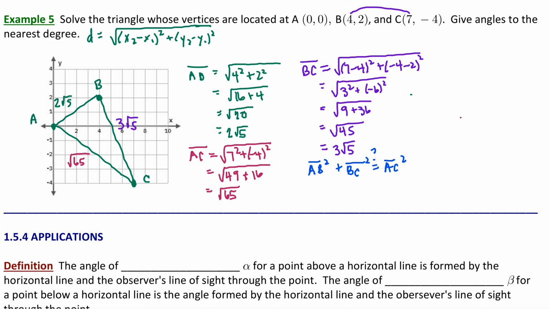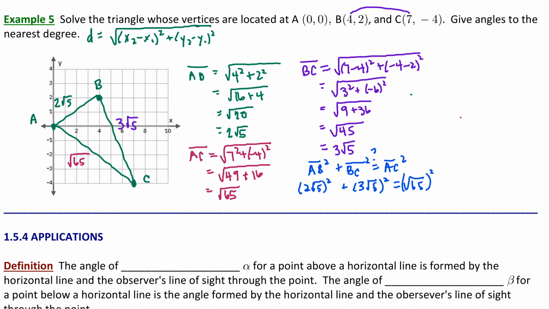And I'm going to put a little question mark to show that I'm testing this. So segment AB is 2 square root of 5 in length. Segment BC is 3 square root of 5. And segment AC is square root of 65. And we're going to square all of those.